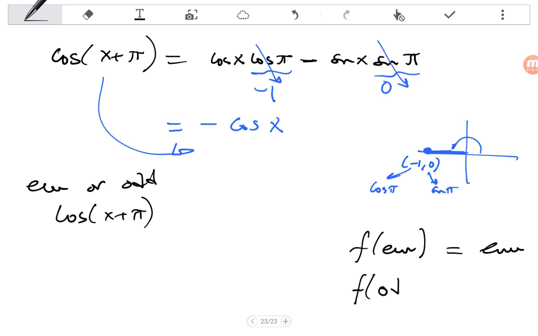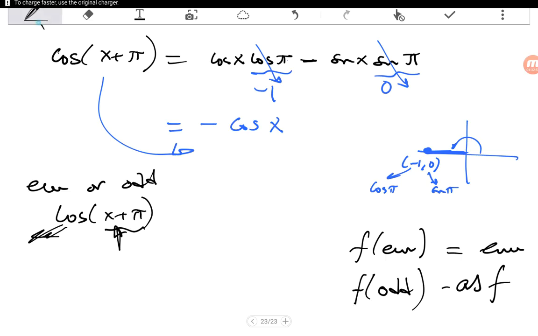What if I have f of an odd function? If the inside function is odd, it will be as f, as the outer function. So if I have this as an odd function, it will be just as the cosine, and I know that the cosine is even. If the inside function is even, I will have the result to be even, whatever the outer function was.